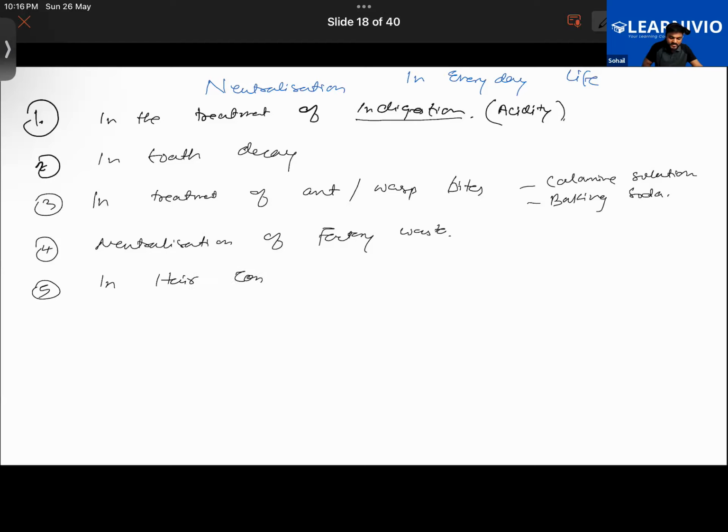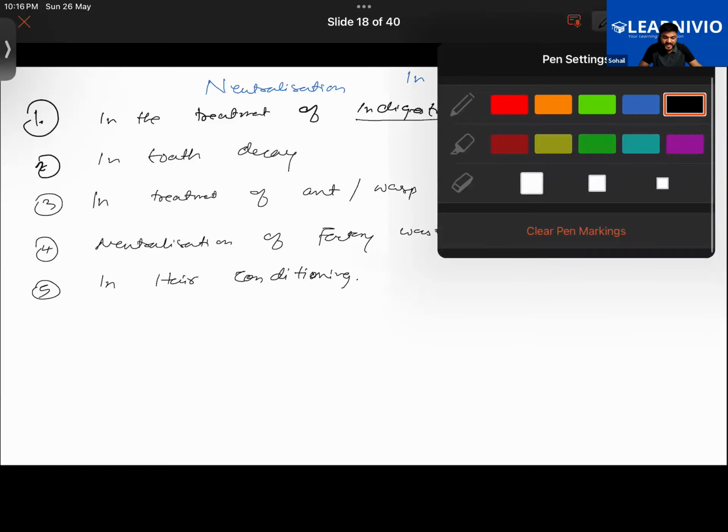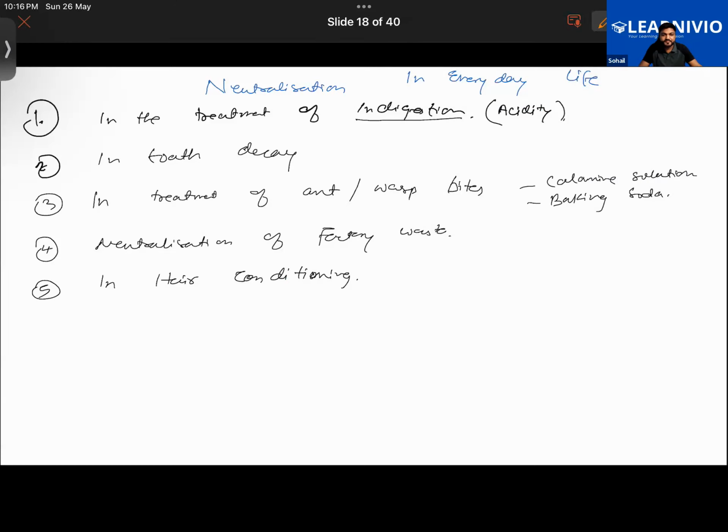Now think about this: if hair conditioners were made up of acidic substances, how irritating it would be for the scalp, isn't it, guys? So shampoos which we use on our hair contain alkaline substances. Note this thing down. I'm using the term alkaline.